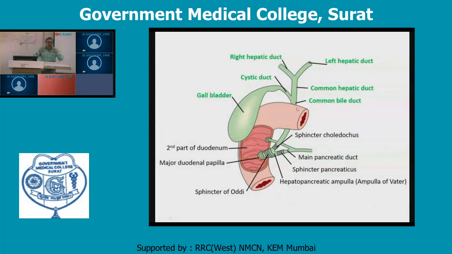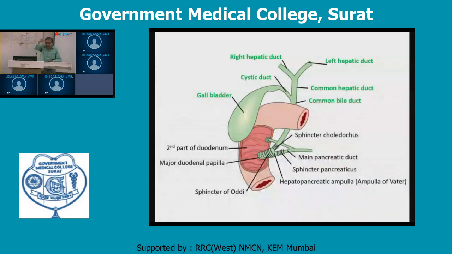The next, succeeding part of the CBD lies posterior to the first part of the duodenum. So that is known as the retroduodenal part. And the distal part is the infraduodenal part. Actually this is just for descriptive purposes only, otherwise the duct is continuous.